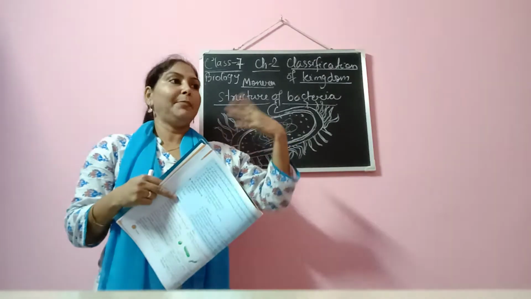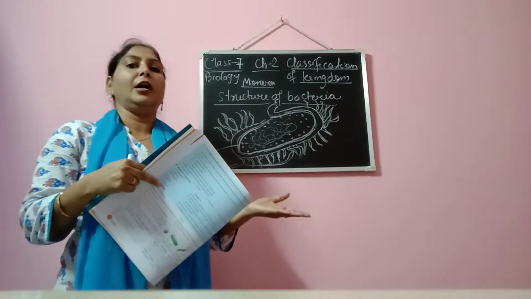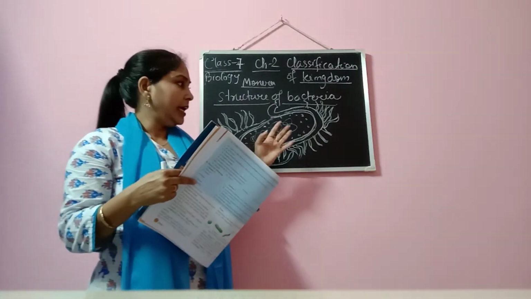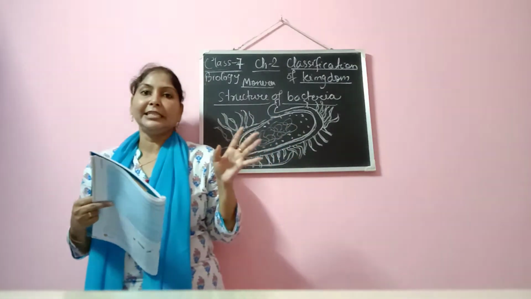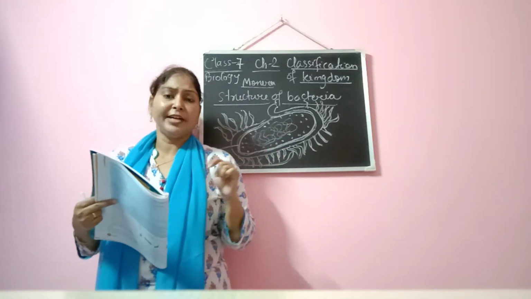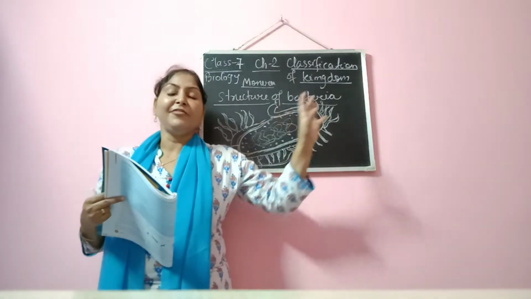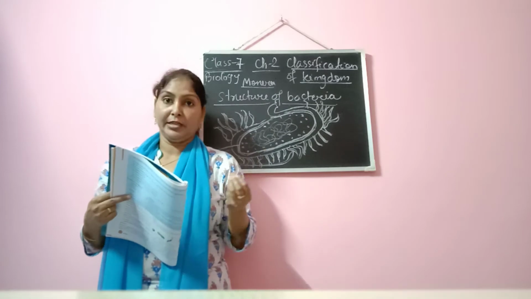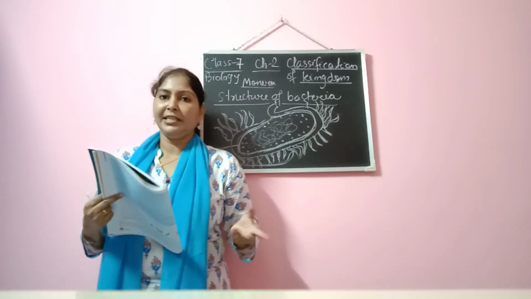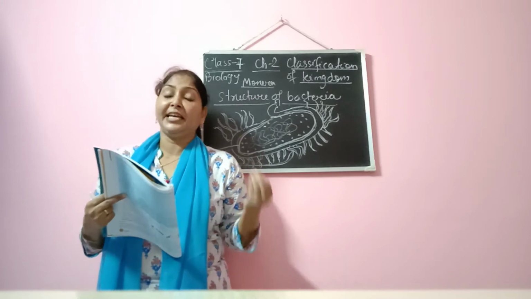Heterotrophic means they are dependent on other plants and animals for nutrition. In heterotrophic, they are basically saprophytic and parasitic. What is saprophytic? These bacteria feed on dead and decaying matter, which can be animal, plants, anything.